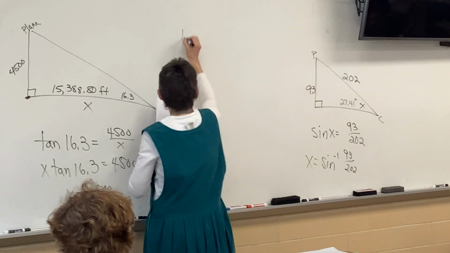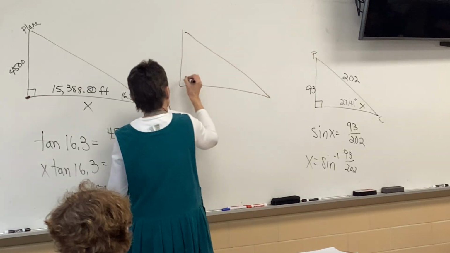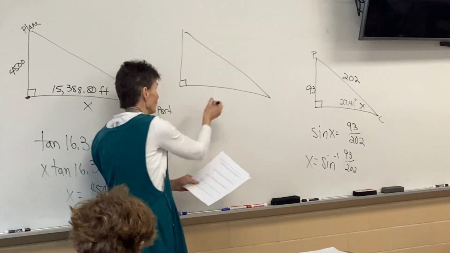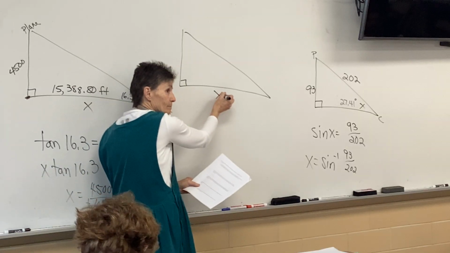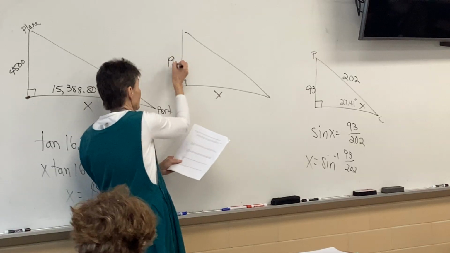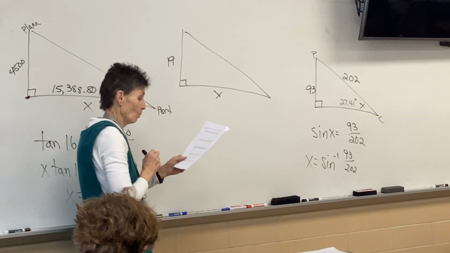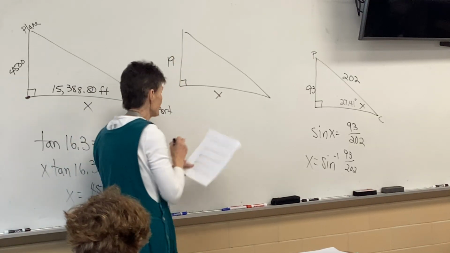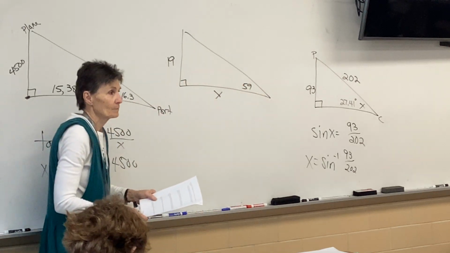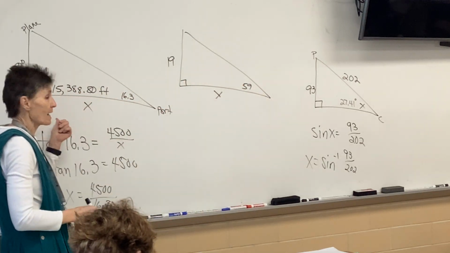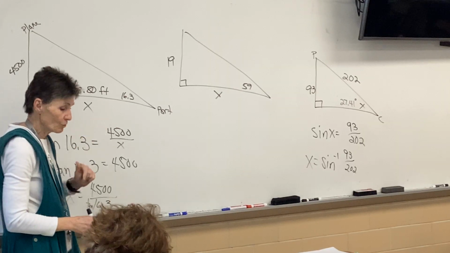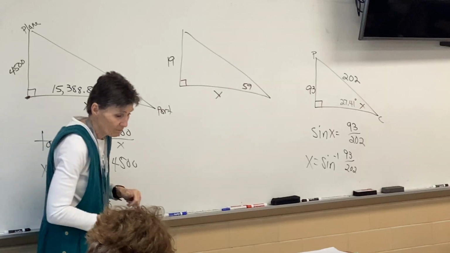All right, here we go. Find the length of a shadow of a 19-foot flagpole when the angle of elevation is 59 degrees. Does that picture look okay to everybody? You're gonna solve that one exactly like you solved this one, right? It's the same situation. So go ahead on your own quickly, see if you can solve that.